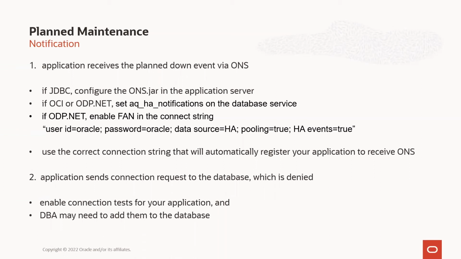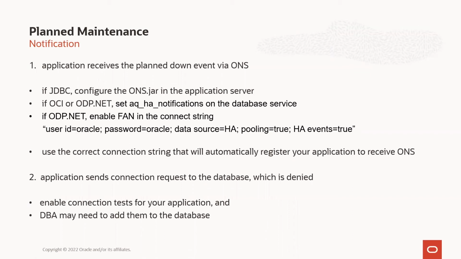And every time you send that request in, you get a response. That connection test goes to the database, and the database will respond accordingly. Now, in most cases, because the instance is working fine, it'll say, yes, send me whatever you like. You can make a connection and continue work here.